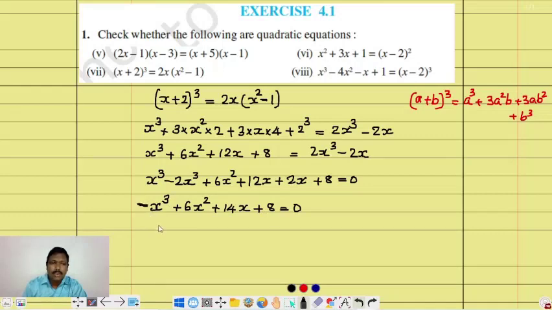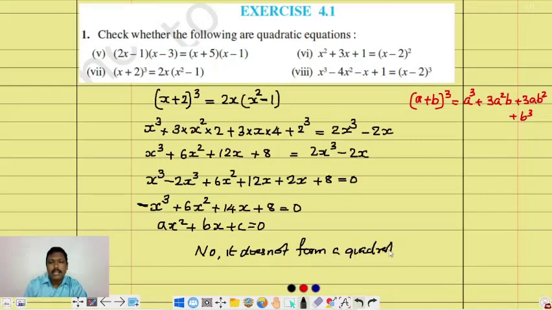So this is not in the form of ax square plus bx plus c is equal to 0. So you can say no, it does not form a quadratic equation. Okay, children, so let us move to the next question.